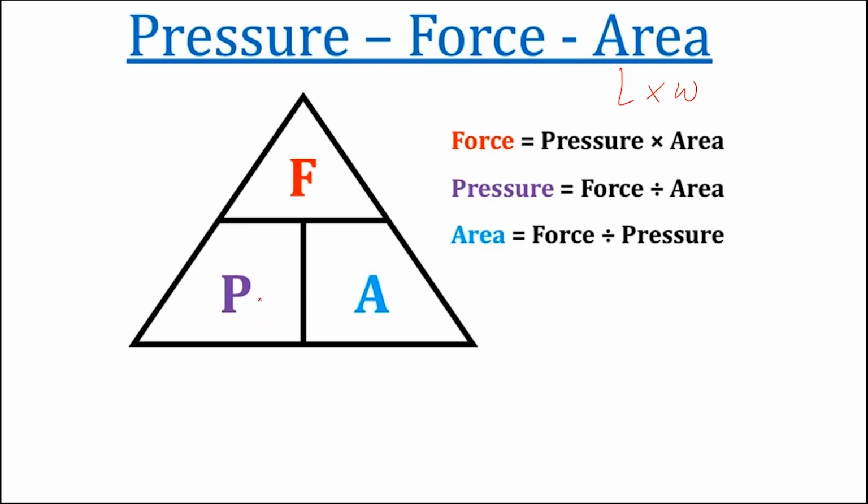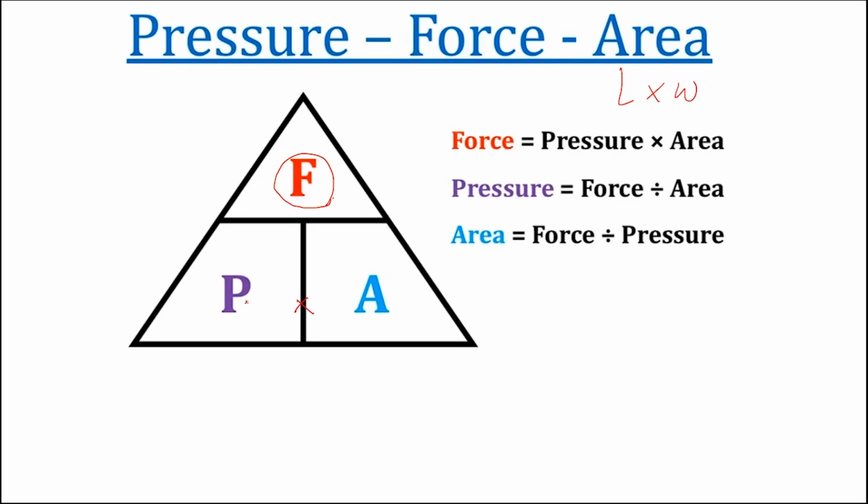Now, if you need to find out the formula for pressure, then pressure is equal to force upon area. So the formula for pressure is force upon area. Then if you need to find out the formula for force, then force is equal to pressure into area.